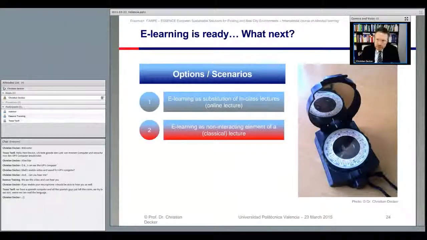Then some instructors, that is what I have observed, use e-learning, but it's not really integrated into the methodical and didactical concept of the lecture. They use it as what I have called a non-interacting element of a classical lecture. So you join your instructor in the classroom, you receive a classical lecture, maybe with some modern elements, but still the instructor would say, yeah, and by the way, there is e-learning.